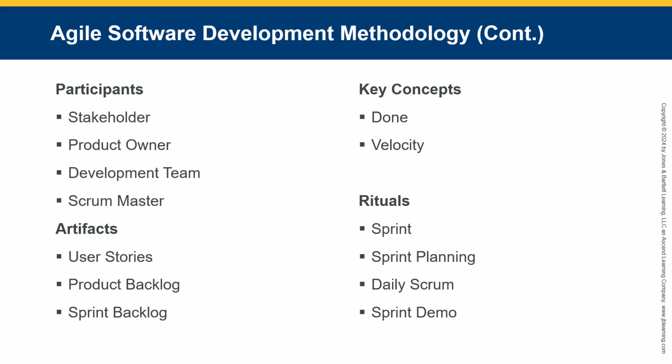The artifacts will be the user stories, the product backlog, the sprint backlog, things like that. The main concepts are the velocity, how well we're getting through it, and the done function. The rituals will be the actual components: the sprinting, the planning, the daily scrum, the sprint demo, and again, working through the cycle.